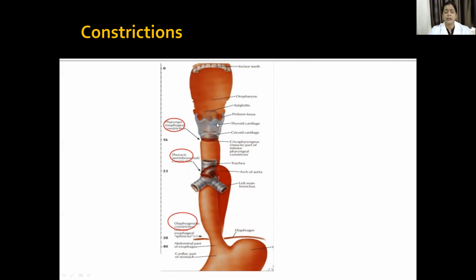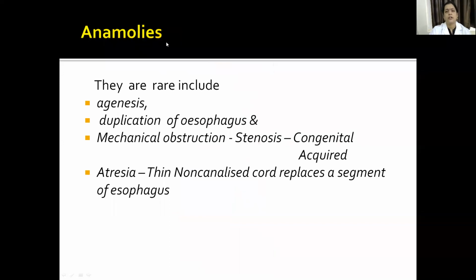It may be difficult if there is a stenosis or a growth, usually at the constriction area. Knowing about these constrictions helps us know where to be cautious, because stenosis, strictures, and foreign bodies may occur in these constriction areas.